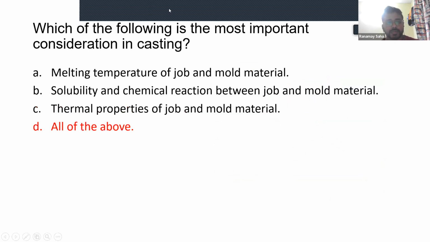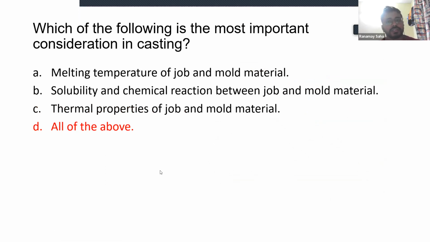Okay, so next we have: which of the following is the most important consideration in casting? Option A is the melting temperature of job and mold material. Of course, melting temperature decides a lot of things, including the possibility of defect formation and the strength of the particular casting to be formed.